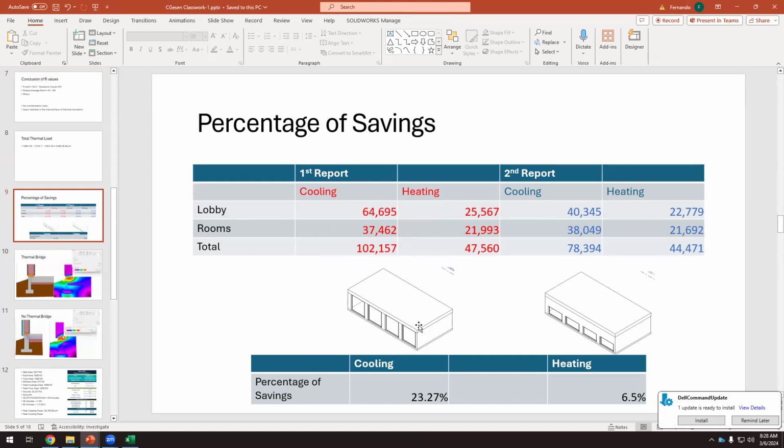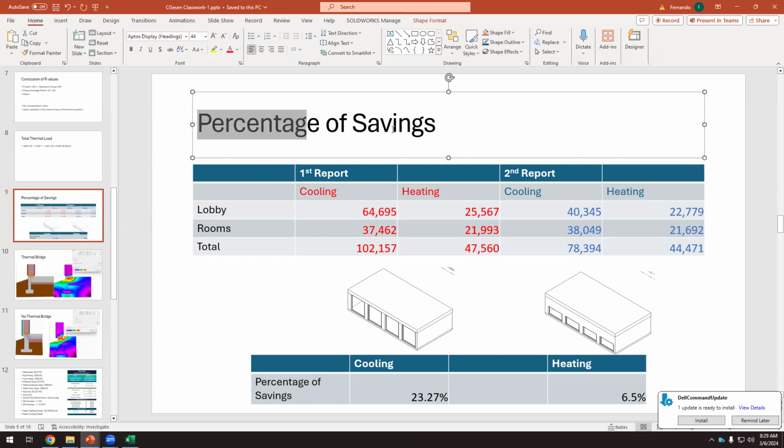So this glass area is adding up all the window area, the same thing here. So if it's 50 square feet, and it's 20 square feet. Okay, so that's the only thing that is missing here. But these are the conclusions of this second part of the assignment, the percentage of savings.